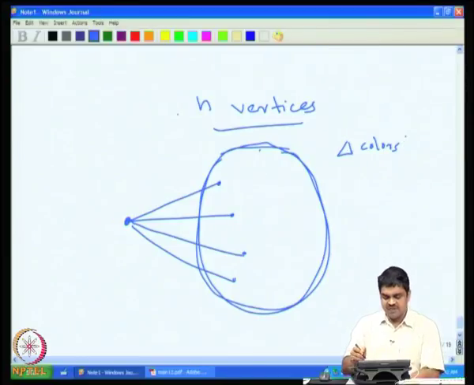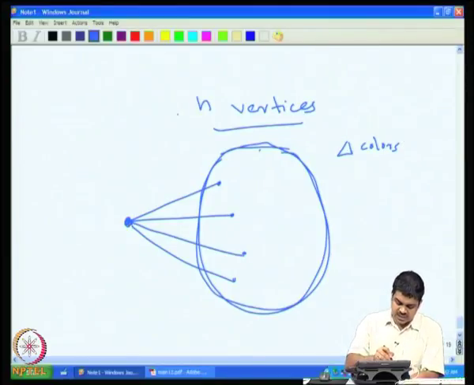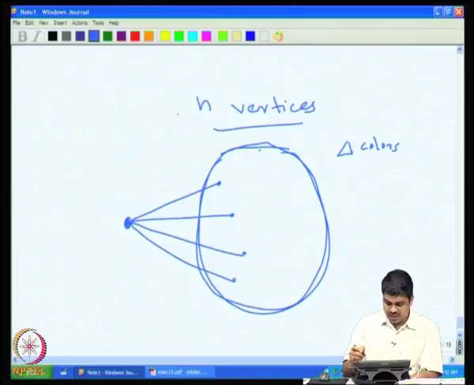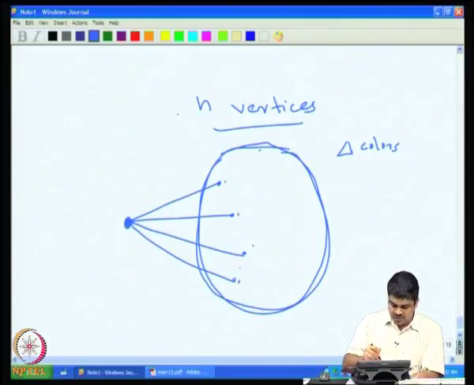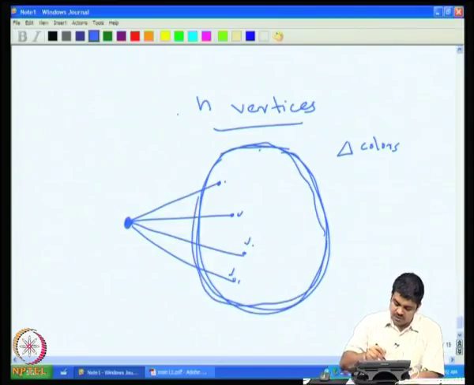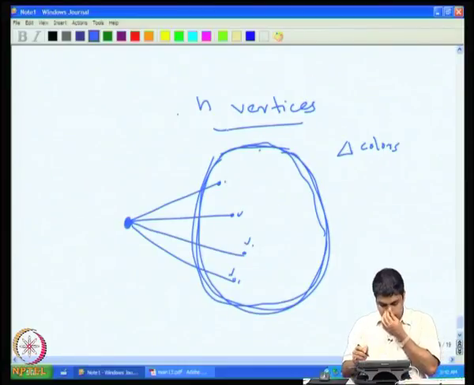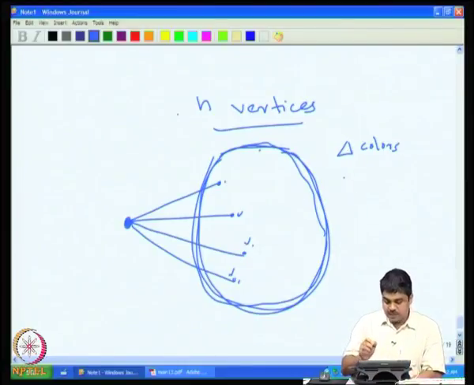Now, one thing we should first notice is that the degree of this vertex is delta, because if it is not delta, suppose it has only delta minus 1 neighbors, how many colors will it see here? This is already colored by the induction hypothesis, it can be colored using delta colors, or delta plus 1 colors depending on whether it is a complete graph or an odd cycle.